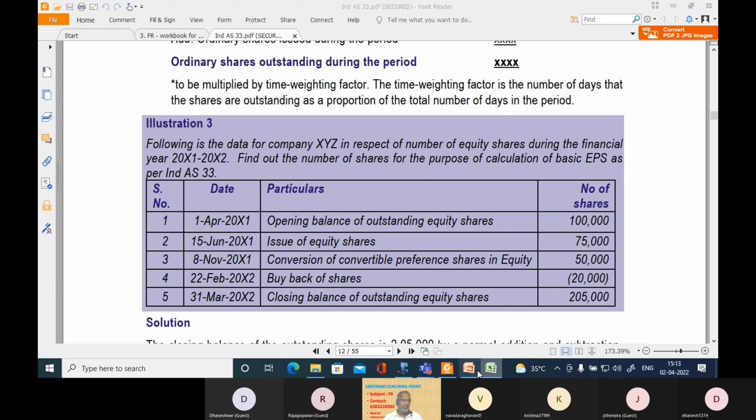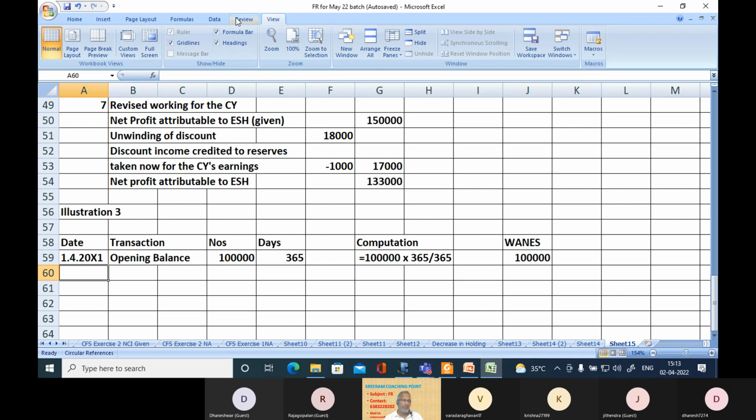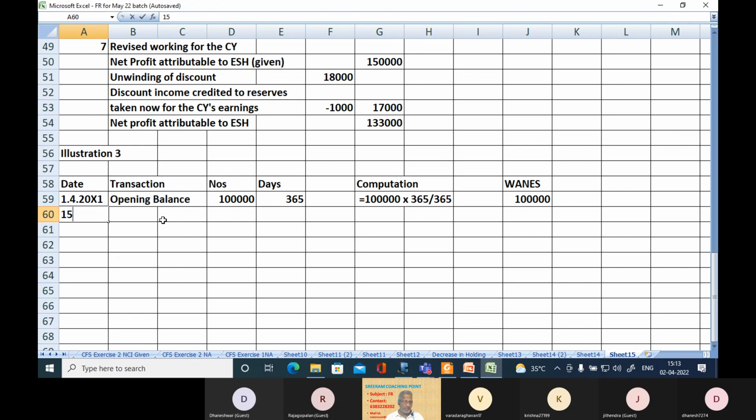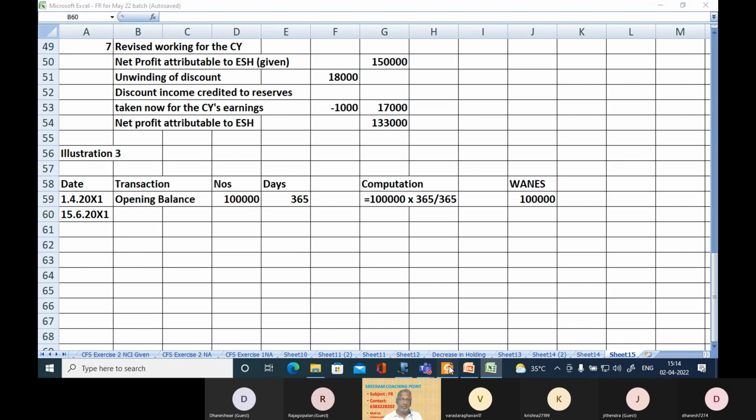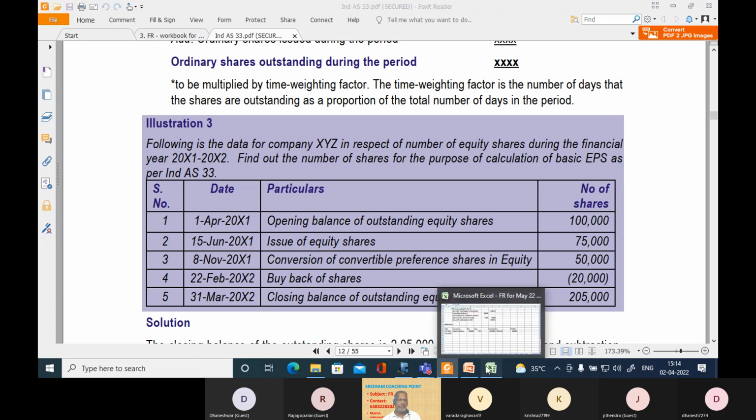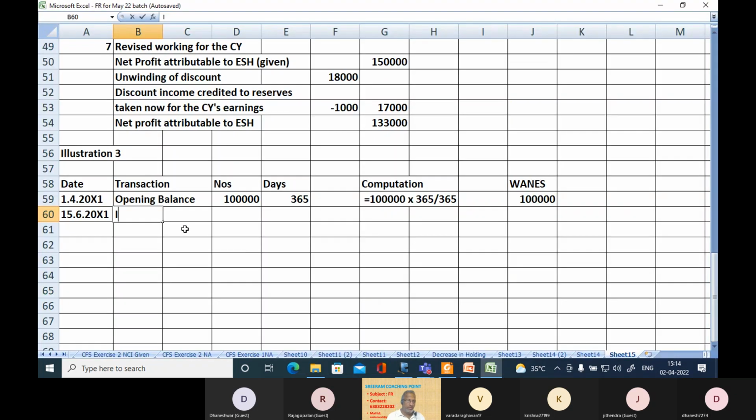June X1. Of equity shares. How much is that? 75,000.